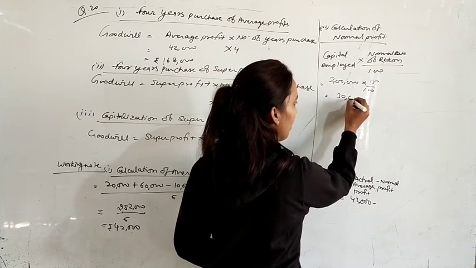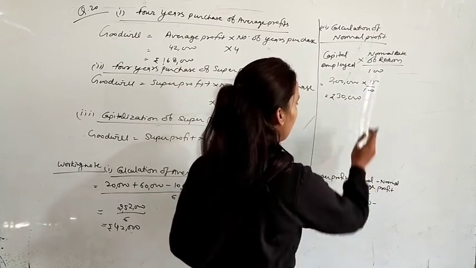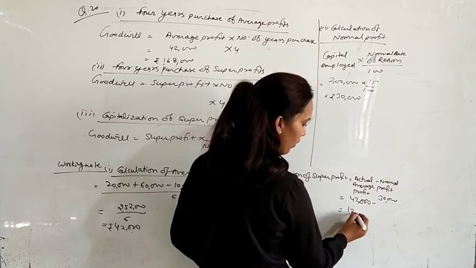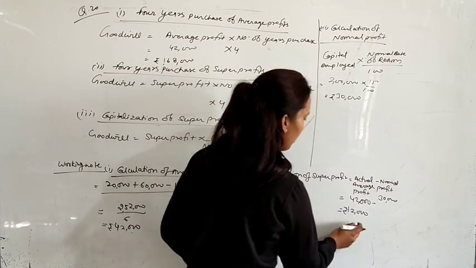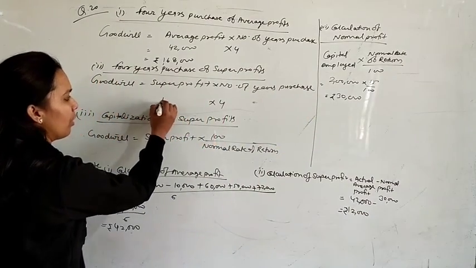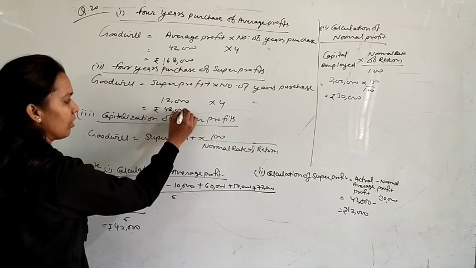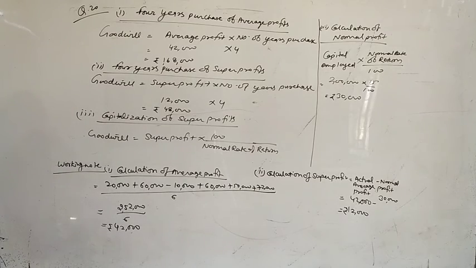It means we can say 30,000 rupees. This 30,000 rupees we can put here. Then we got super profit of rupees 12,000. This 12,000 will be transferred in the second formula. Then we will get goodwill of rupees 48,000 according to second method.